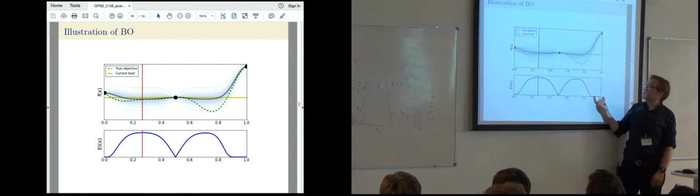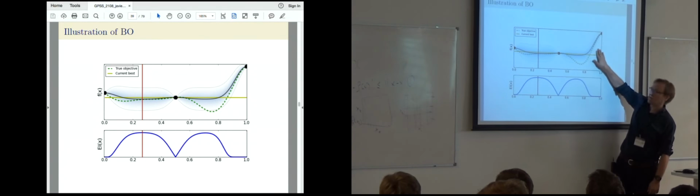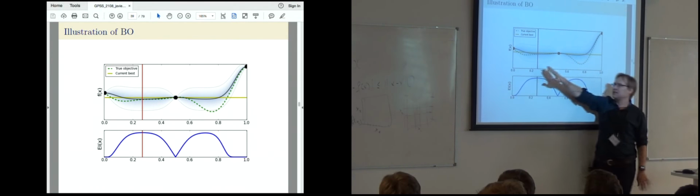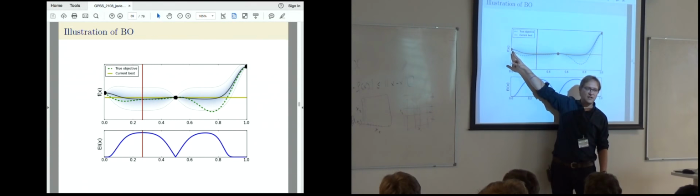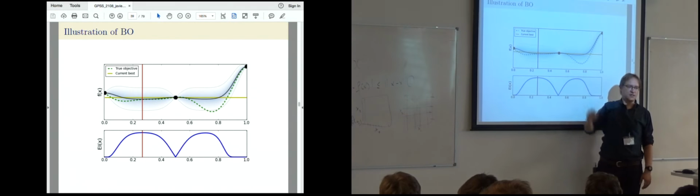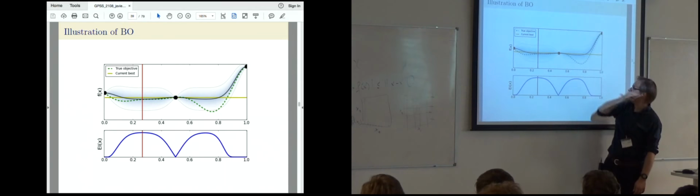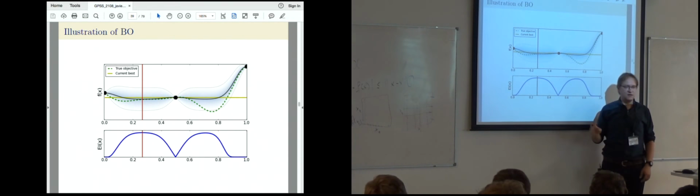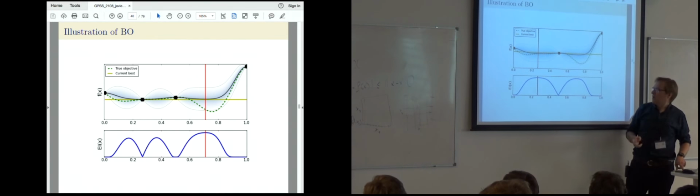So you already see how the method is detecting that nothing interesting is going to happen somewhere over here because I have collected a very bad evaluation, but it is relatively unsure of what is going to happen around here because the value of this evaluation and the value of my current best are very similar, right? So I have still two big regions where I have large uncertainty. So the acquisition is telling me, well, you can collect evaluations there to gain more knowledge about the function and the minimum, right? So I collect a point there.